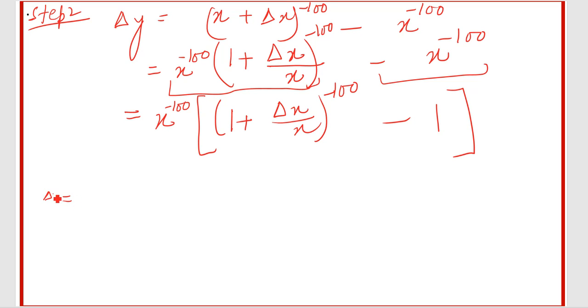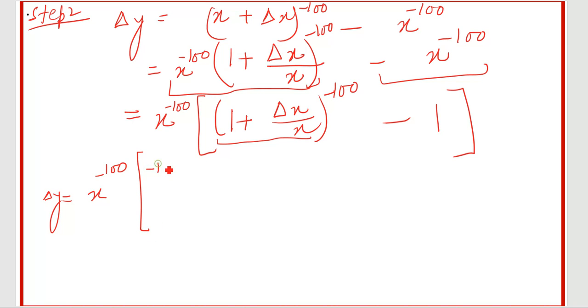Now delta y is equal to, this is our (a plus b) power n. On this part we are going to apply the binomial theorem. In the binomial theorem, instead of a we have 1, instead of b we have delta x over x, and instead of n we have negative 100. So this will remain the same because this is common, x raised to power minus 100.